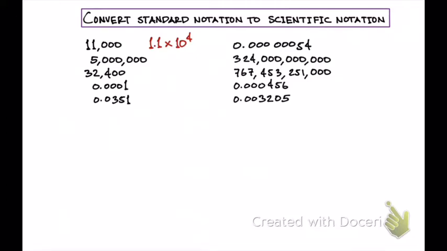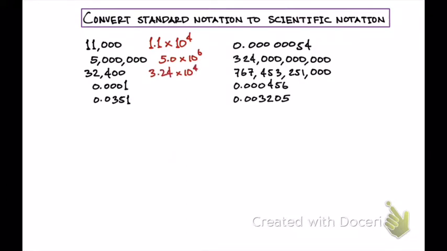In order to get to 5.0, you would need to move that decimal point 6 places to the left. And so the scientific notation for 5 million is 5.0 times 10 raised to the 6th power. The third one here is 32,400, so that would be 3.24 times 10 raised to the 4th power.